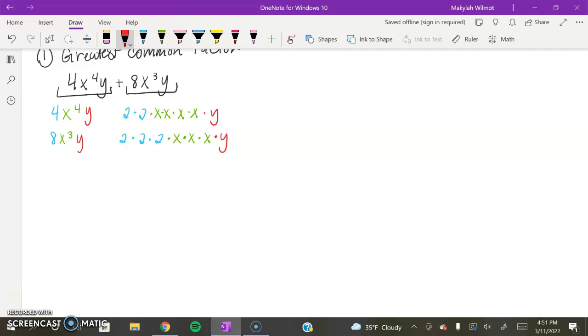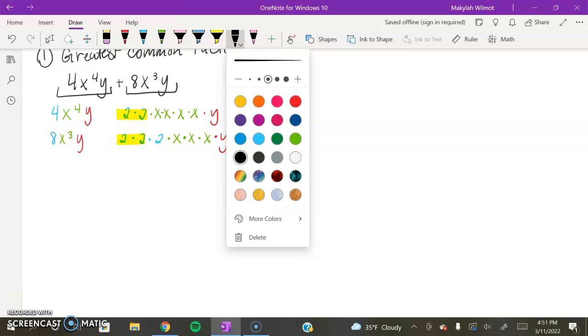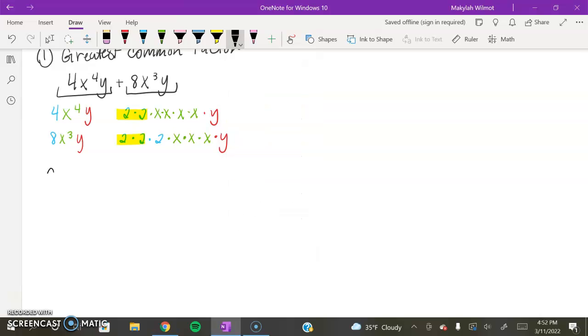Okay, so now when we look at that, we'll use a yellow highlighter. So we have 2 2's. For the GCF, we have 2 times 2. Then we have 3 x's down here, 3 up there, and it's just what they share: x times x times x, and then they both have 1 y.